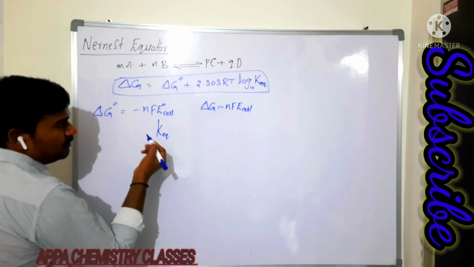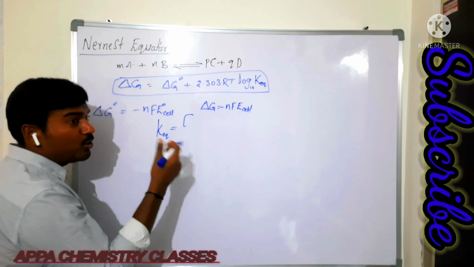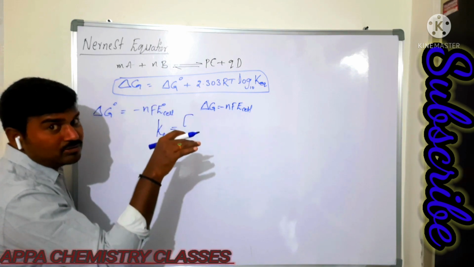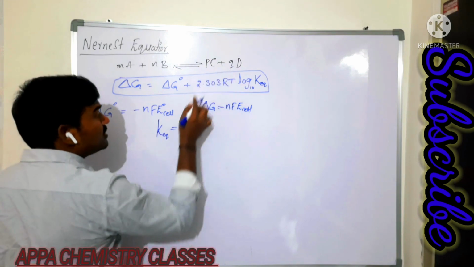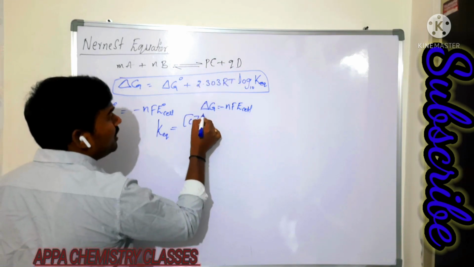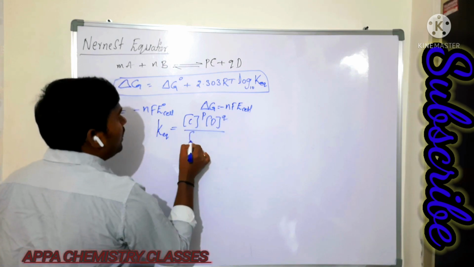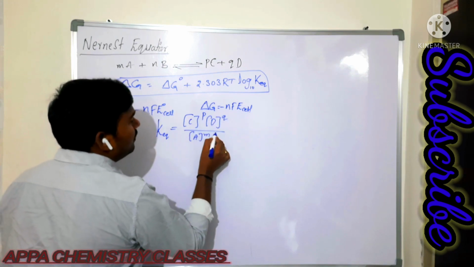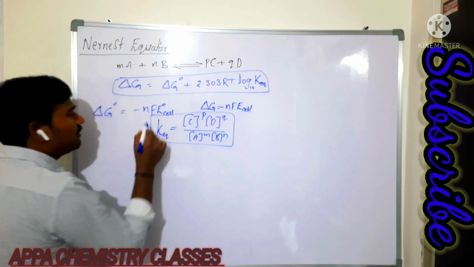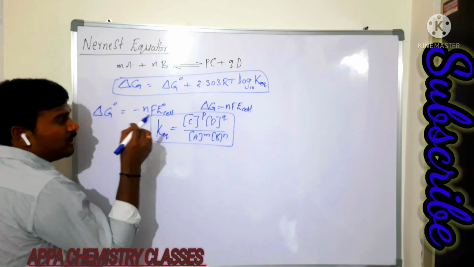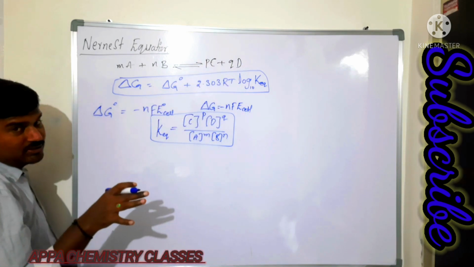K equilibrium is nothing but the equilibrium constant, which you get as the product of molar concentrations of products divided by the product of molar concentrations of reactants. The concentrations of products we have are C power p and D power q, divided by A power m and B power n. This is the ratio between the molar concentrations or active masses of products and reactants.